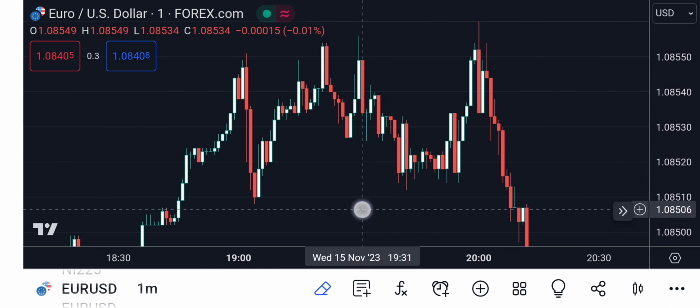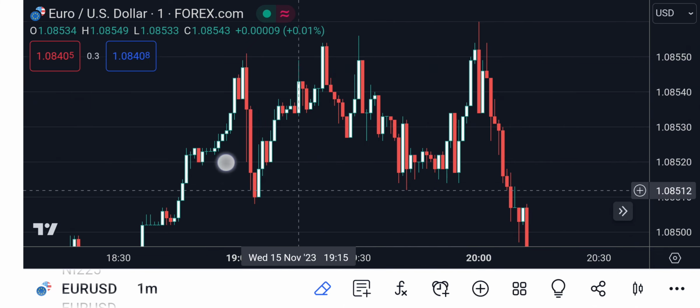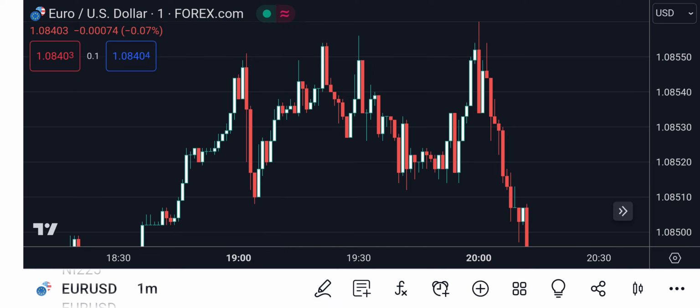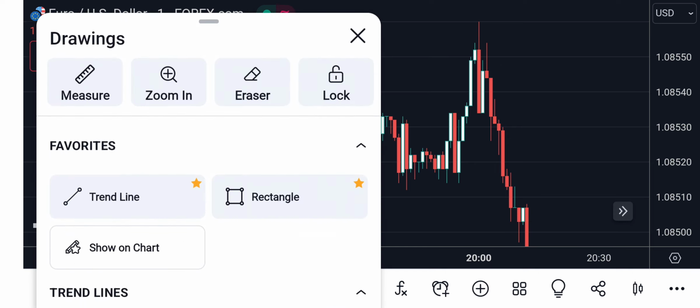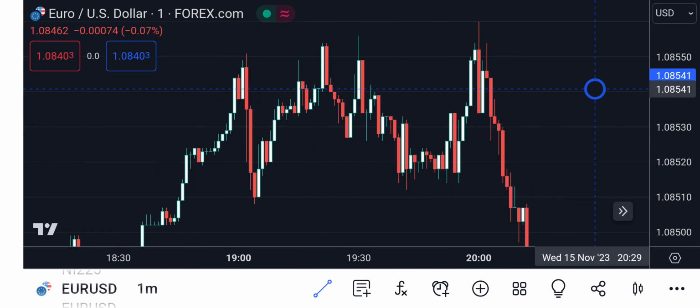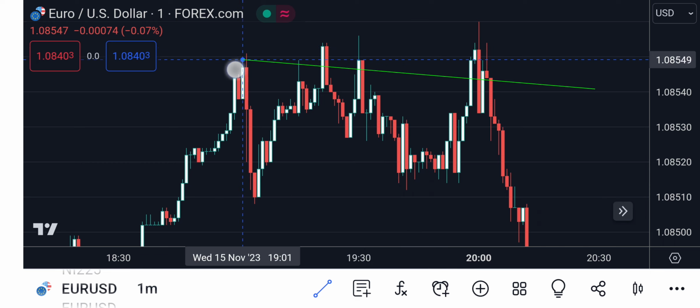If you look at this price here, it's an uptrend, even though you can hardly see it. Some will say, oh, relatively equal highs. Yeah, they are relatively equal.